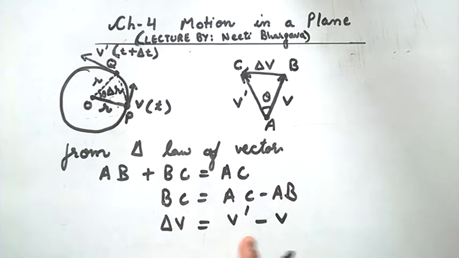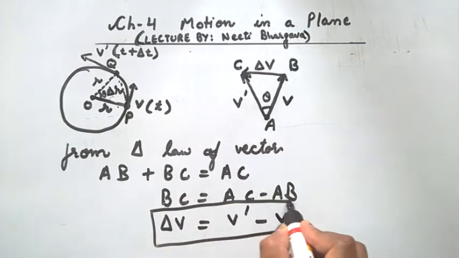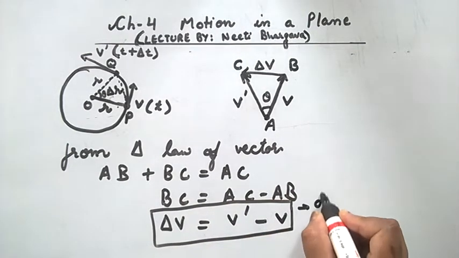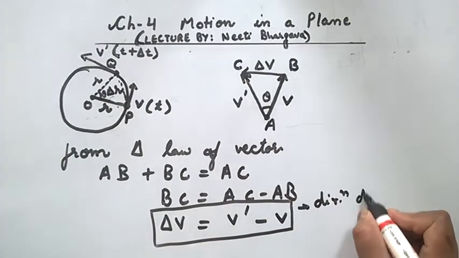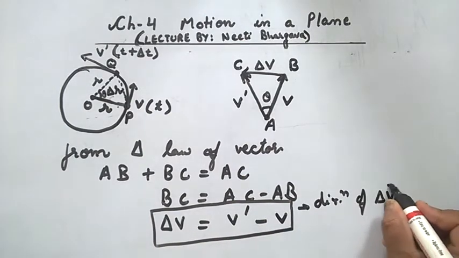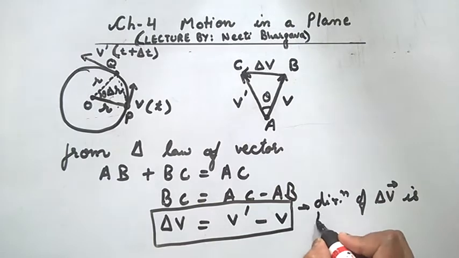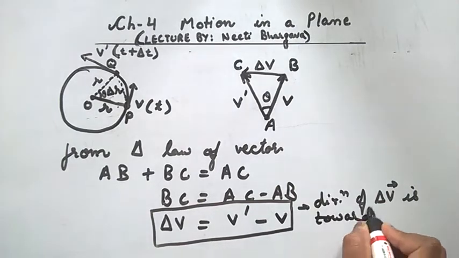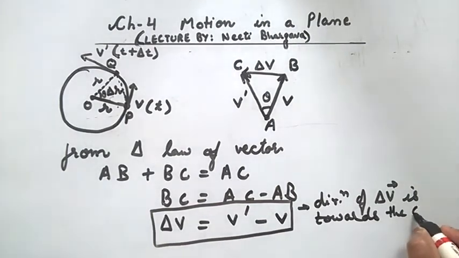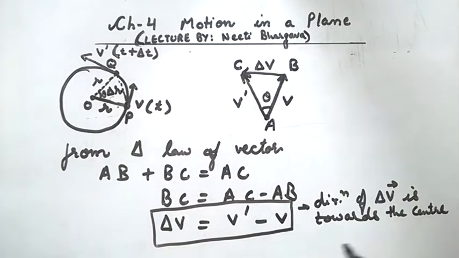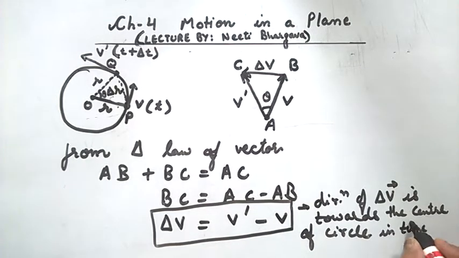And the direction of del V is towards the center of the circle, in time delta t.